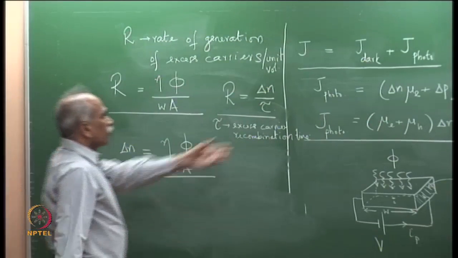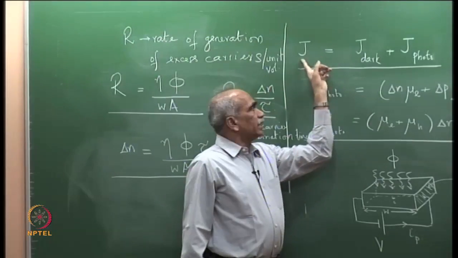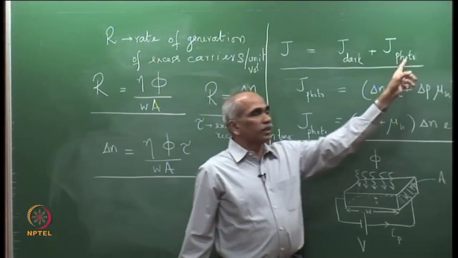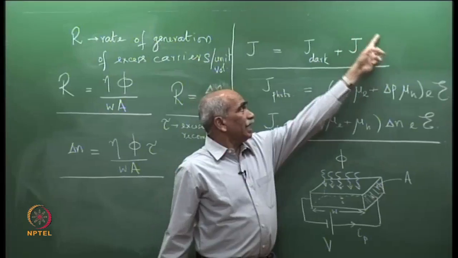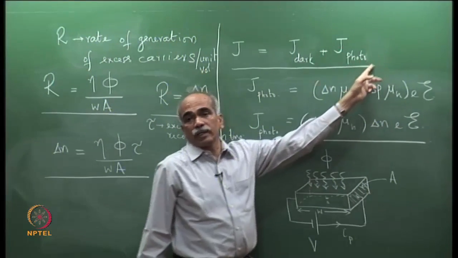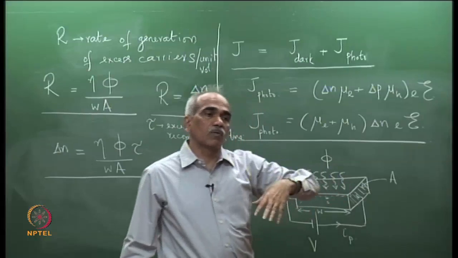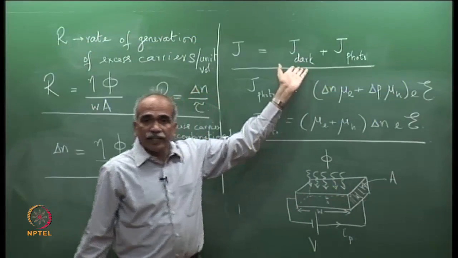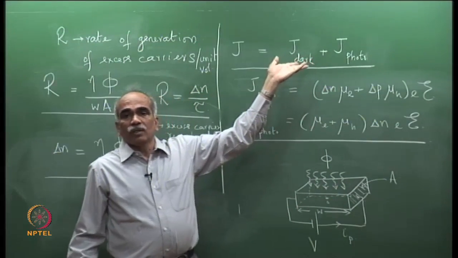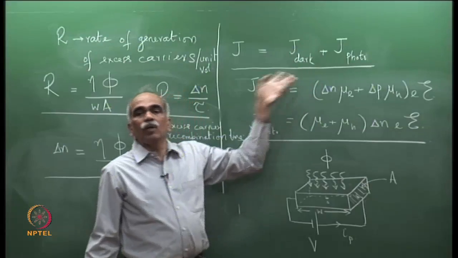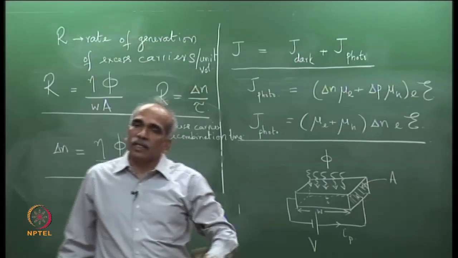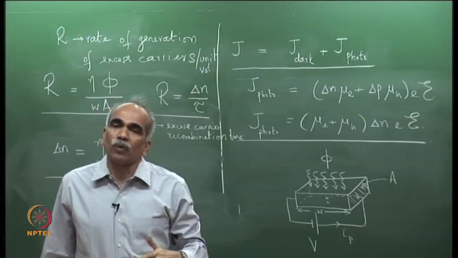Now, although the total current density comprises J dark plus J photo, we are primarily interested in the photo generated current, that is, the current generated due to the incident photon flux. Ideally, we would like J dark to be 0. If there is a finite dark current, it will contribute to the noise power and hence lower the signal to noise ratio.